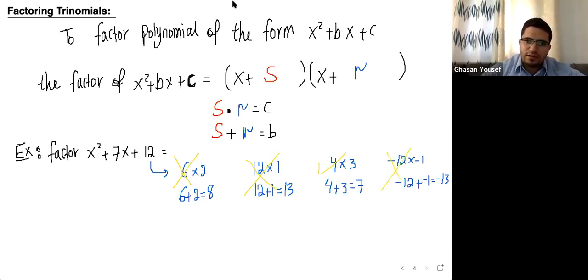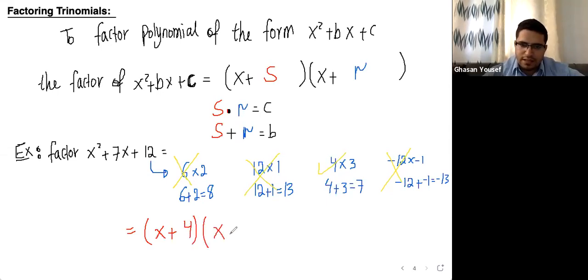The only one that works is 4 and 3. So the factoring of x squared plus 7x plus 12 is x plus 4 times x plus 3.